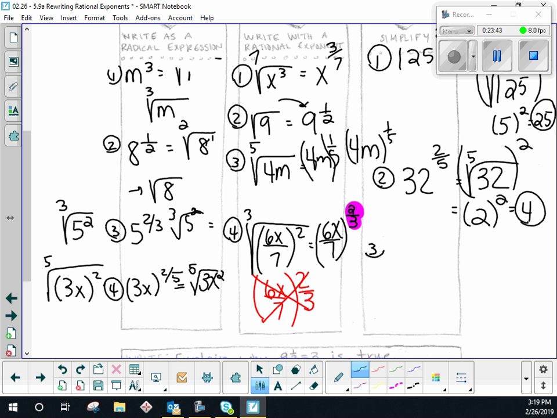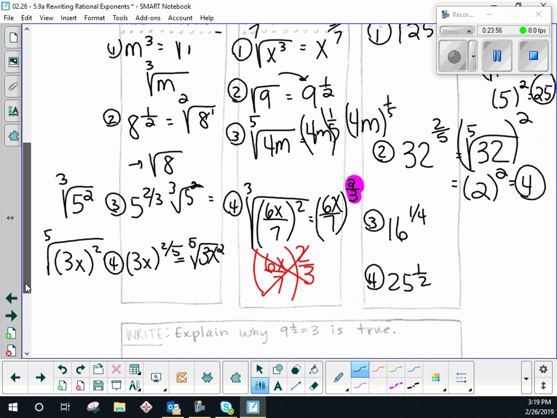Try these real quickly. They'll go faster. Okay, let me write it first before I talk about it. Look at these and tell me why I said they're going to go faster. They're just roots.